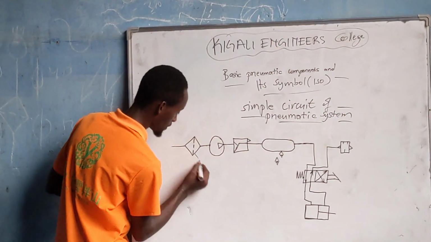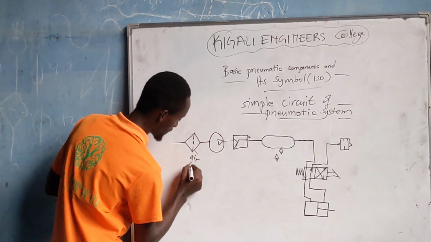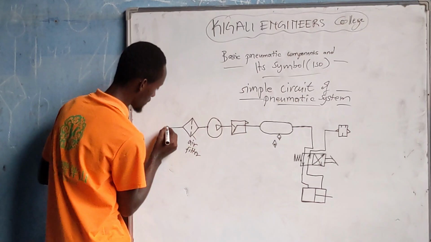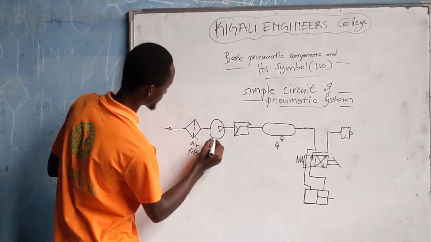After this we will go to see, this is the air filter. This represents how the air flows.